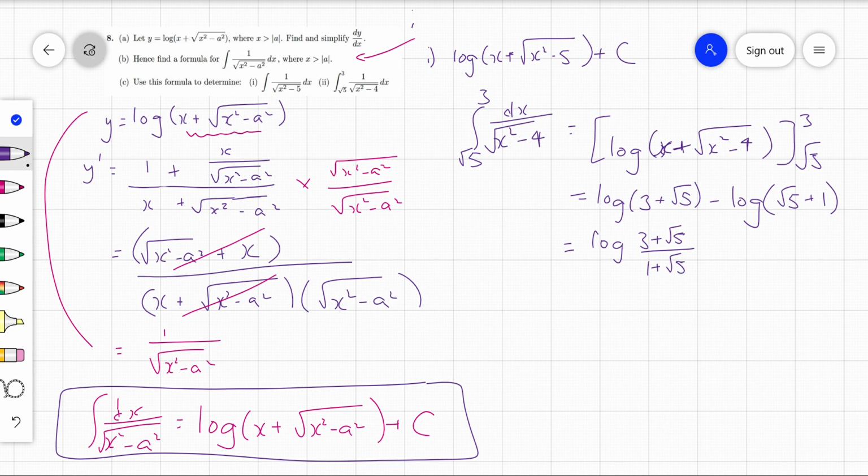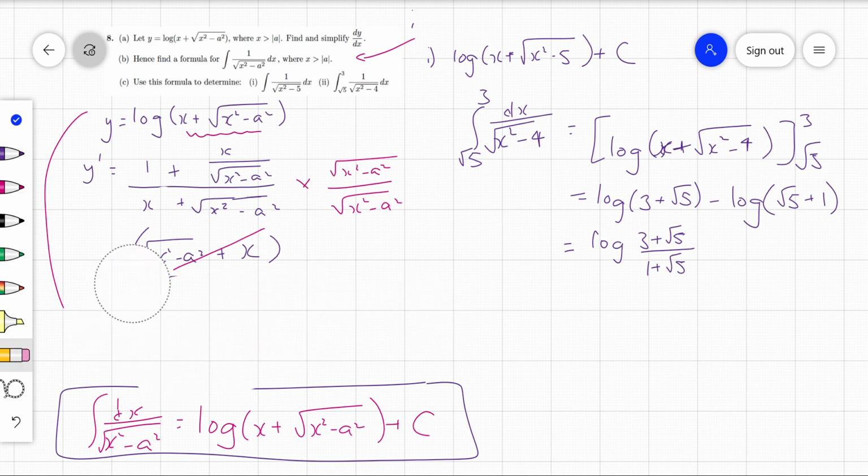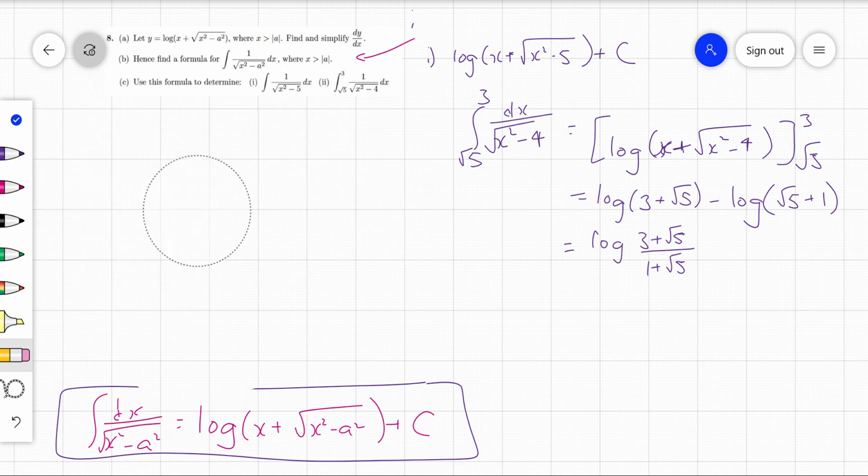Alright, we could simplify that if we rationalize that denominator. So if I just do that somewhere else, so I'm going to just rub this off. So we've got some room over here. If you think of rationalizing this, we can simplify it a little bit.